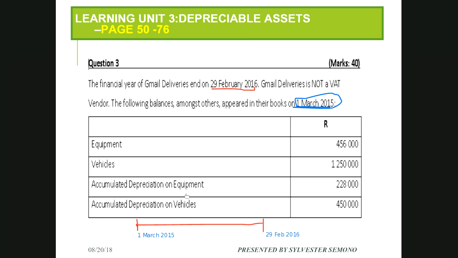For example, the equipment lost a value of 228, and the vehicles lost 450 so far. This information will be used when we calculate depreciation, depending on what they are asking us.